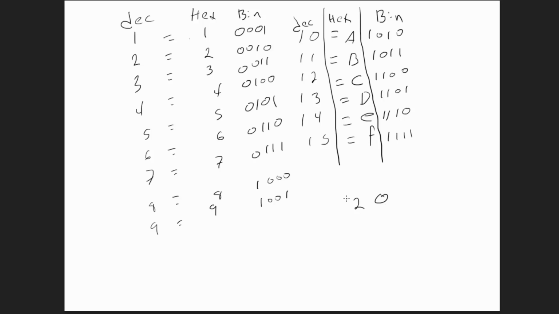Now if we were to take that and treat this as a decimal number, and we want to convert that to binary, we could go, oh, you know what, I want nothing in the 1 position, nothing in the 2 position. I want 1 in the 4 position, nothing in the 8, 1 in the 16, so 16 plus 4.